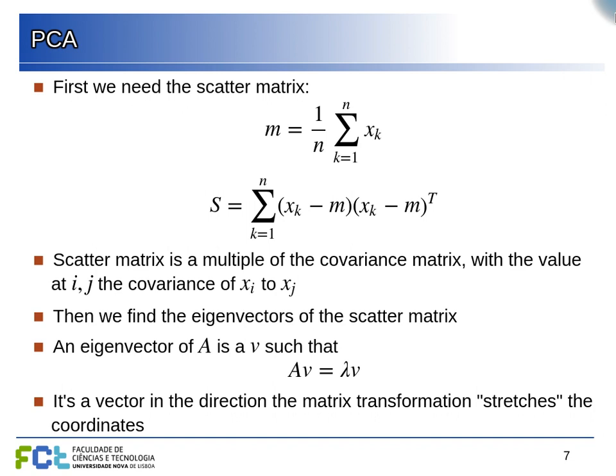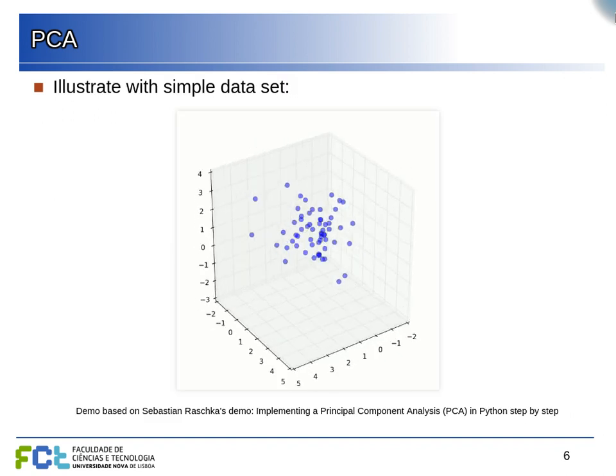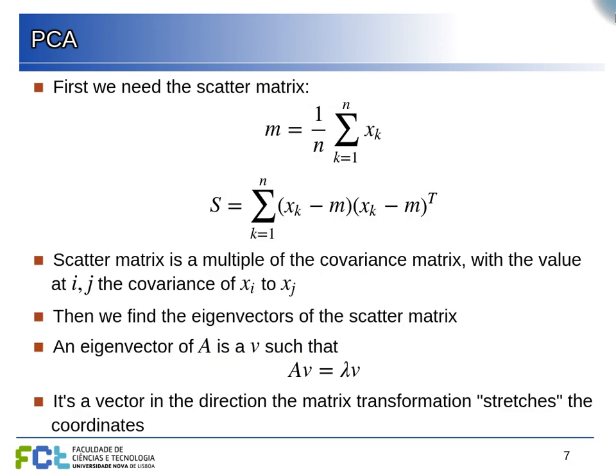So if we divide the scatter matrix by the number of points, we have the covariance matrix. It's a square matrix in which the size is the number of dimensions in our data. So in this case, it will be a matrix that is 3 by 3. And each entry in this matrix gives us the covariance, on the data that we have, between the two features there.